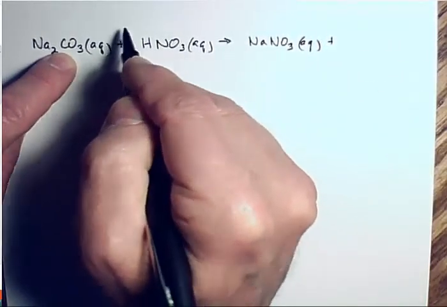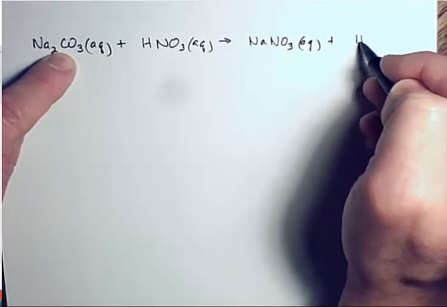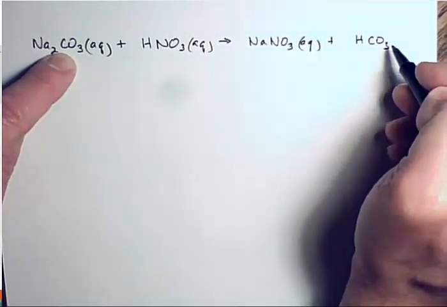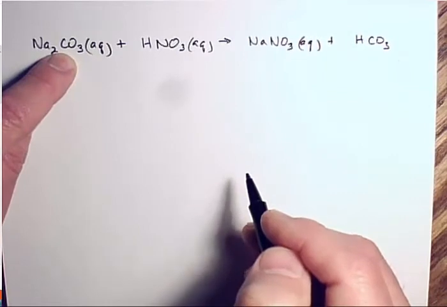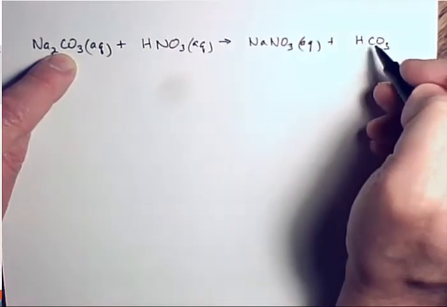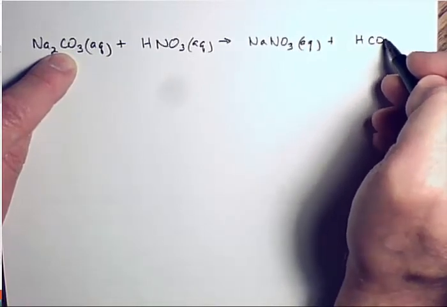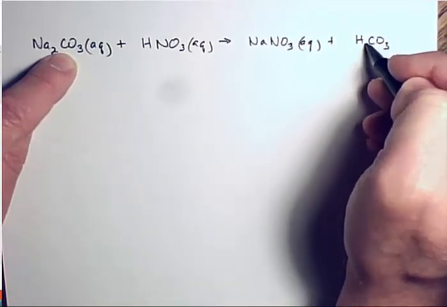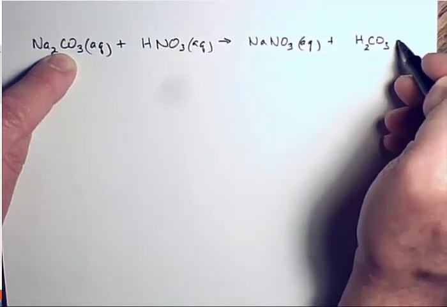And then the hydrogen's going to join up with the carbonate, and this is where the bells and whistles should go off. When you have hydrogen joining up with carbonate, then you're forming carbonic acid. Carbonate has a 2 negative charge, hydrogen has a 1 plus charge, we get this.